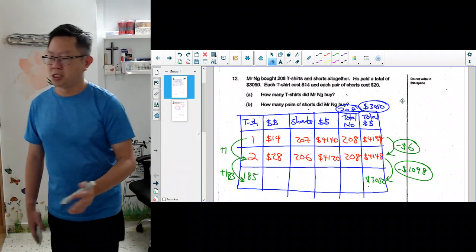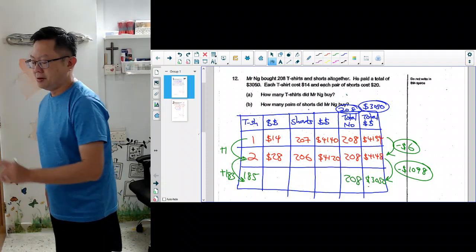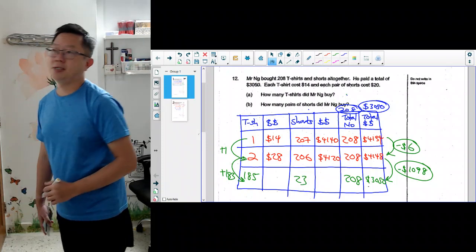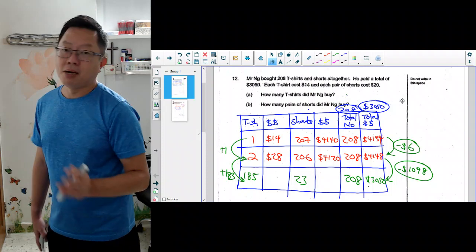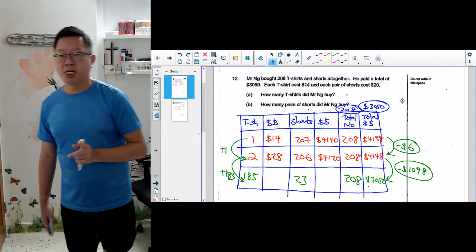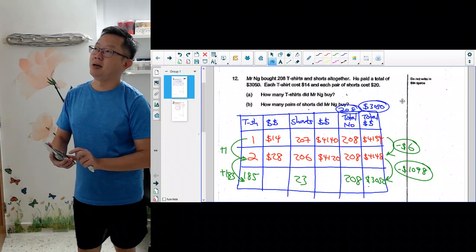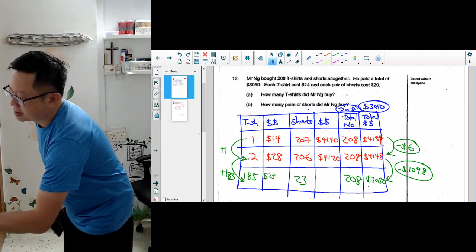Okay, and then how many shorts will there be? So there are total 208 clothings. You minus 185, and you will get 23 shorts, which is the same answer as you saw just now. And how do you double check? Can you double check? Yes, you can double check. So you take 185 t-shirts, and you multiply by 14, and you will get $2,590.